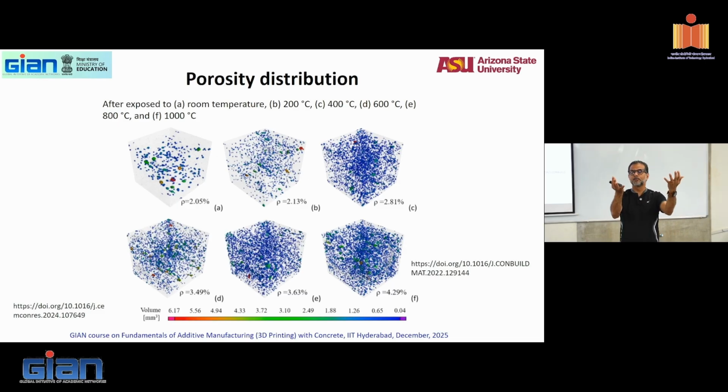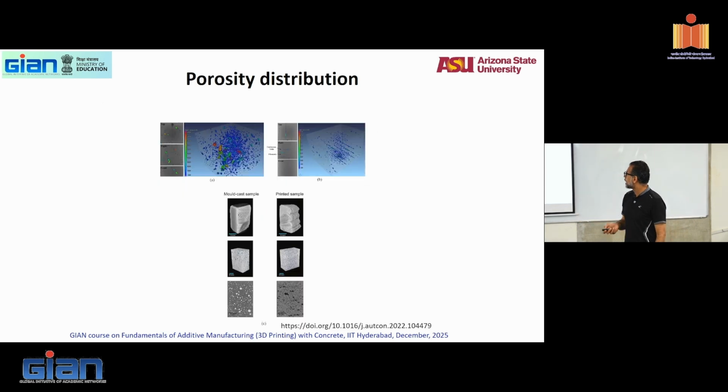If you're putting this in the desert somewhere, you can just print a bunch of them using local sand. These are supporting structures for metallic reflectors to capture solar energy, which means these reflectors are being heated to about 600 degrees Celsius, so the support structure will also be subject to high temperature. So what happens to porosity and pore size distribution? What happens to damage in those cases?